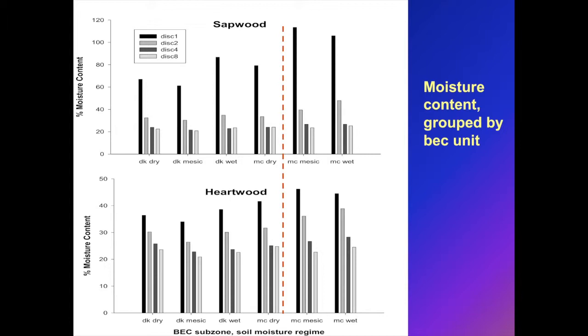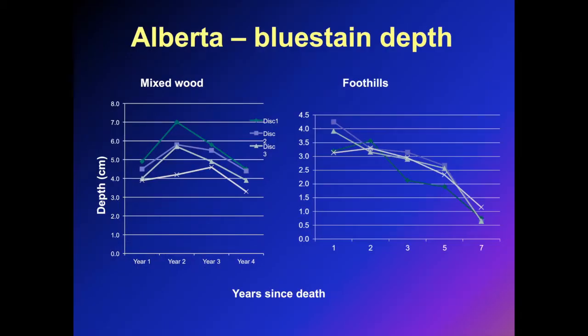And it's only in the wettest ecosystems where there was a significant difference in moisture content compared to the drier ones. Most likely, if you were to sample in the central interior of BC and compare that to the area around Penticton, we would see a difference here. But within the confines of this study, we have not observed a major difference due to soil moisture regime.